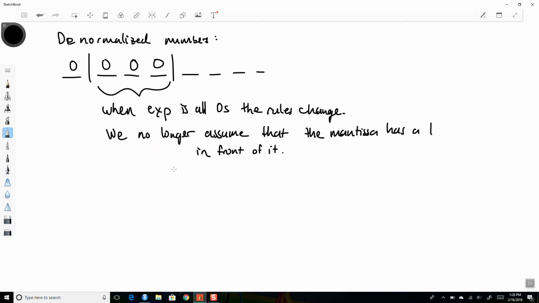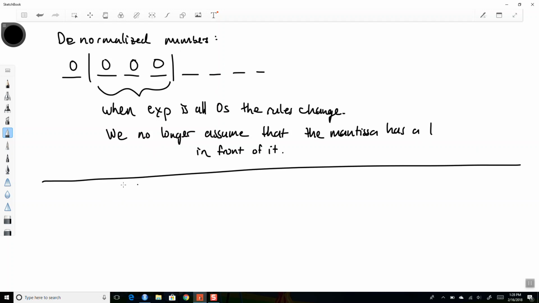So let's just keep in mind, what is the smallest normalized number that we can represent? The smallest positive normalized number is going to be 0, 0, 0, 1.